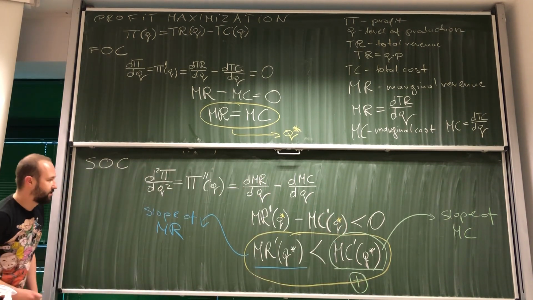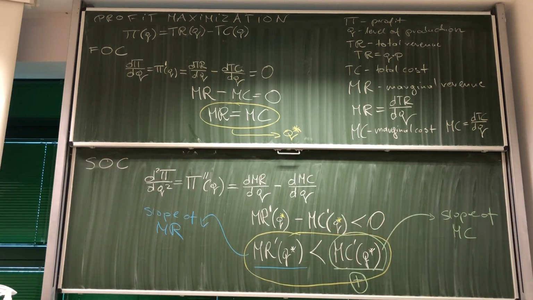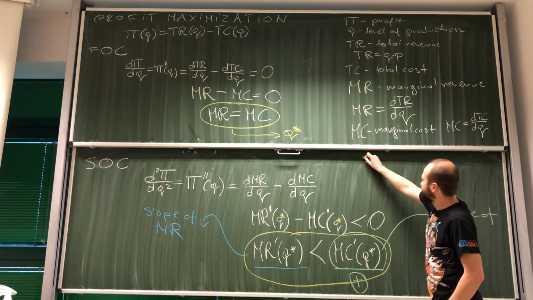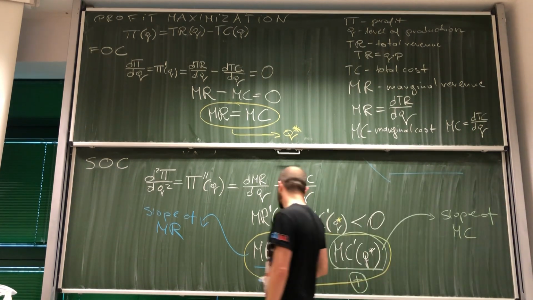On the other hand, in case of marginal revenue, when we have, of course, well-behaved demand, marginal revenue is either a decreasing function, or in a special case, it can be a flat function.